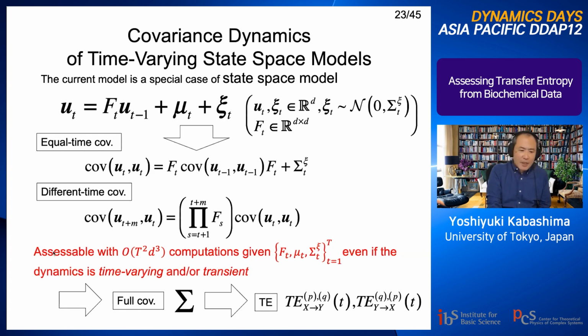Okay, so given the system parameters F_t and U_t and the noise covariances, even if the dynamics is time varying, we can evaluate the full covariance matrix. And based on this, we can evaluate transfer entropy from X to Y and Y to X as a function of time t.